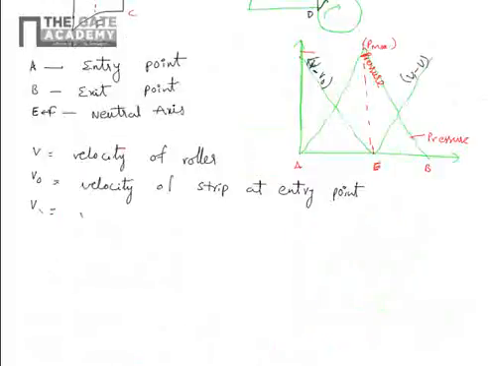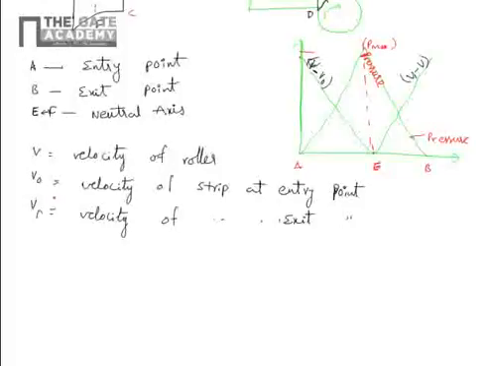V1 is the velocity of strip at the exit point. This is V1. So V minus V naught is the relative velocity at entry.